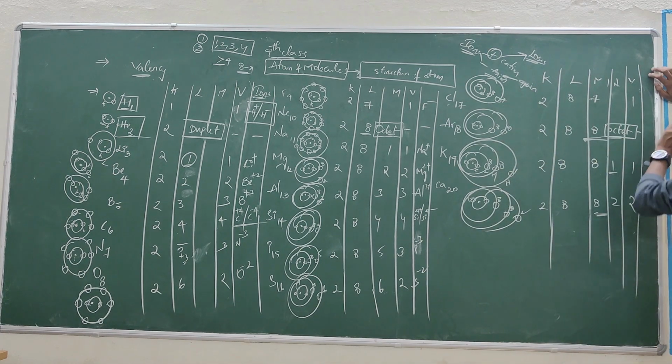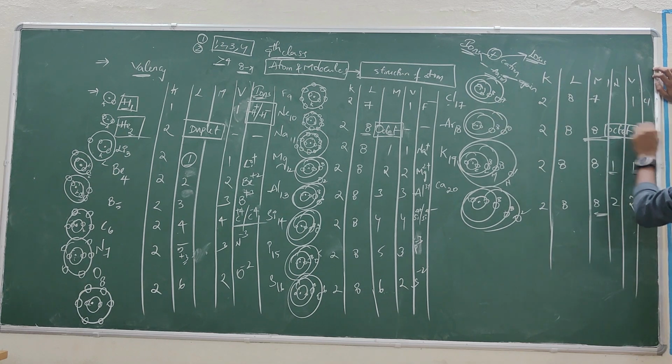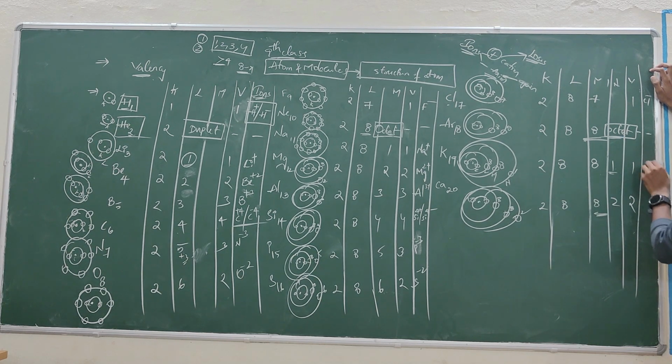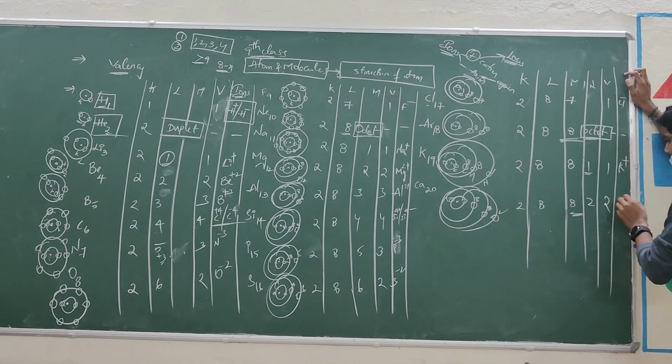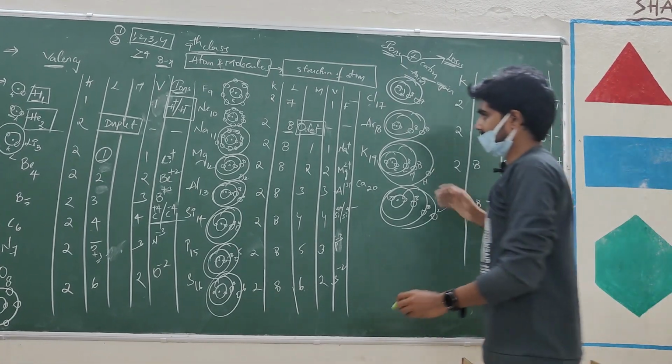Chlorine did the same thing: 1 electron, Cl minus. Argon did nothing because it already has the octet rule. Potassium has only 1 electron at the bottom and becomes plus, and calcium becomes Ca plus 2.